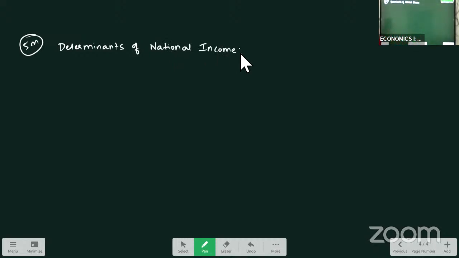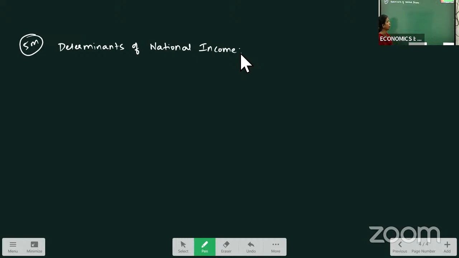Okay, so what are all the factors that will determine our national income? Like you see, in national income, we are having various factors. See, some countries will have more high national income. Some countries' national income is less. Sometimes national income increases. Sometimes national income decreases. So why? On what factors there is a change in the national income?